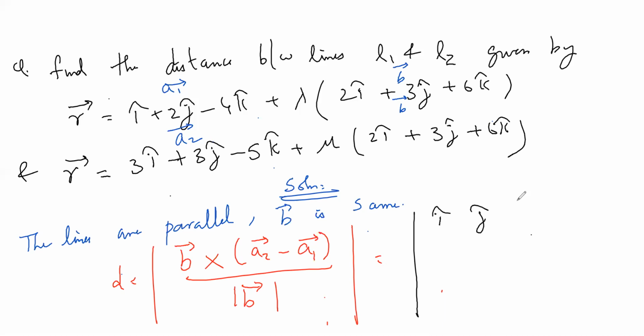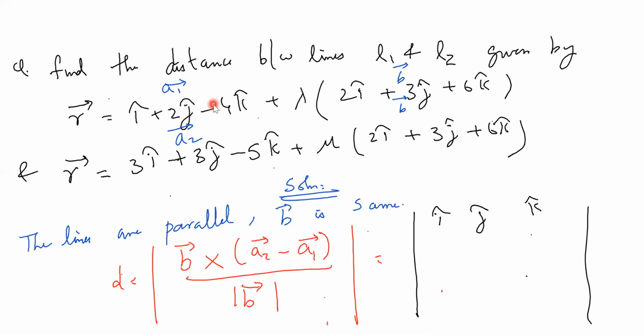Just like in our vectors chapter, i, j and k respectively. Here a2 minus a1, so I have to subtract: 3 minus 1 is 2, 3 minus 2 is 1, minus 5 plus 4.